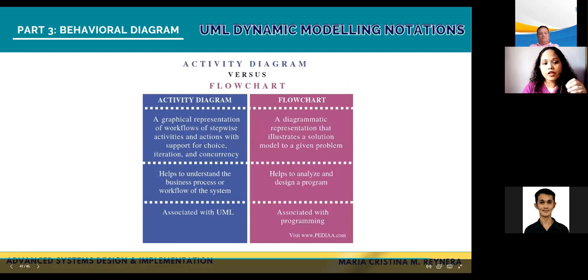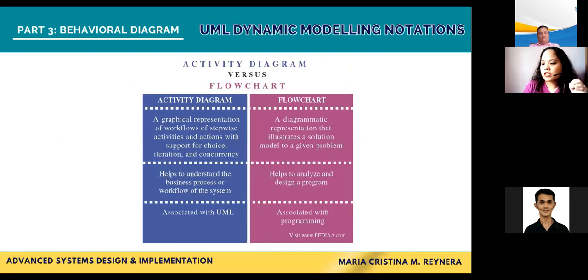So what is the difference? Comparing these two, I got this from pedia.com. They describe an activity diagram as a graphical representation of workflows of stepwise activities and actions with support for choice, while a flowchart is a representation that only illustrates a solution model to a given problem.